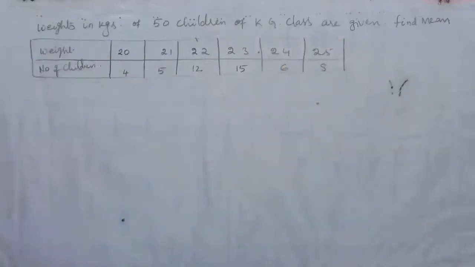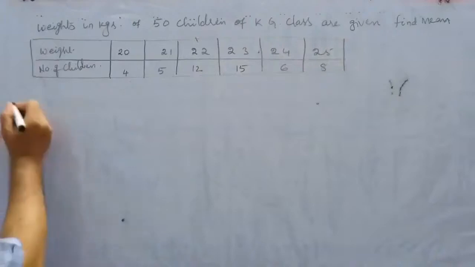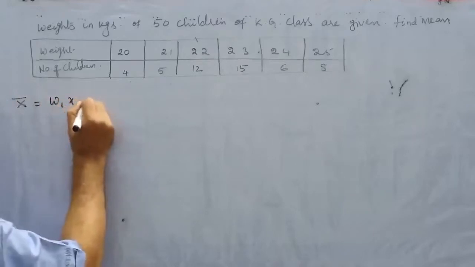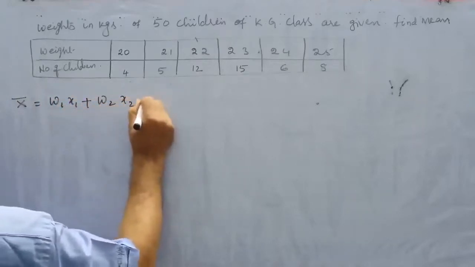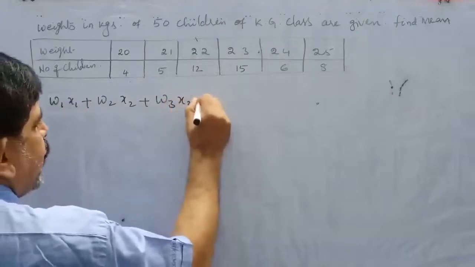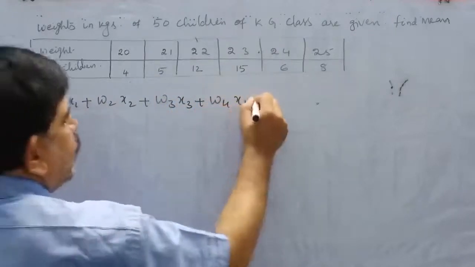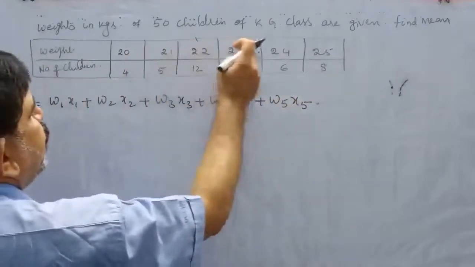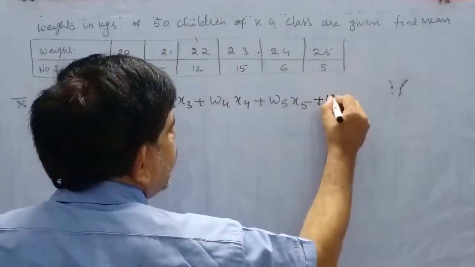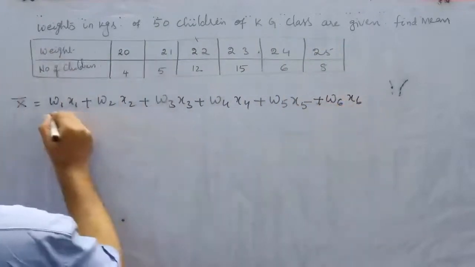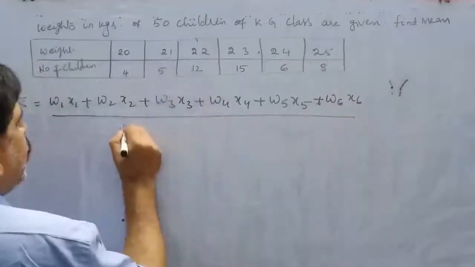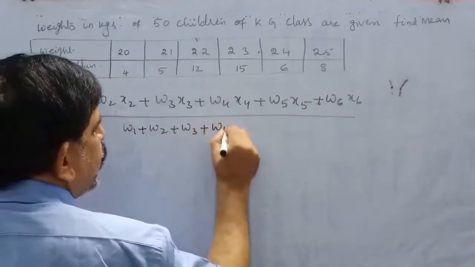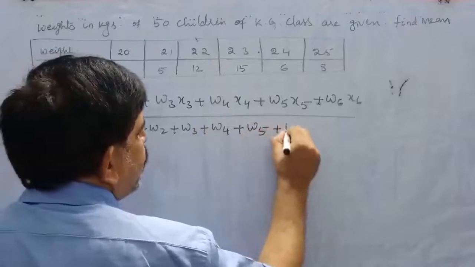Here we use the weighted arithmetic mean, x bar equal to w1 x1 plus w2 x2 plus w3 x3 plus w4 x4 plus w5 x5 plus w6 x6, since there are 6 values, divided by w1 plus w2 plus w3 plus w4 plus w5 plus w6.